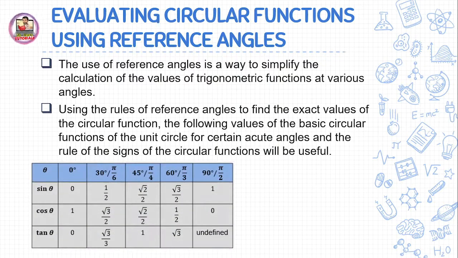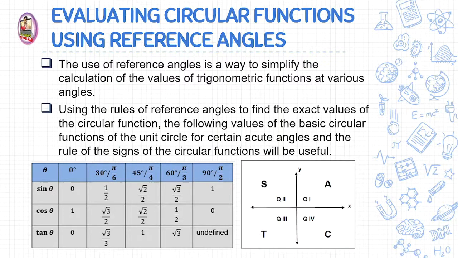So here is the table. The value of sine, cosine and tangent depends on what angle is given: 30 degrees or pi all over 6 for the radian measure, 45 degrees or pi all over 4, 60 degrees or pi all over 3, and 90 degrees or pi all over 2.